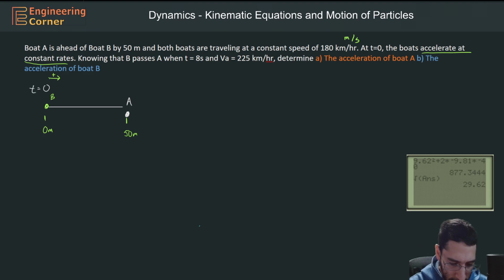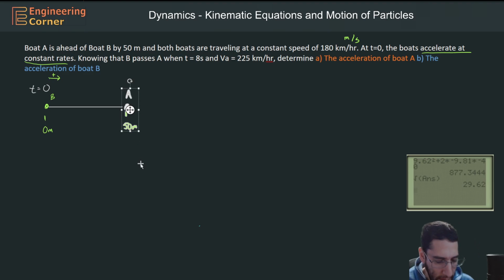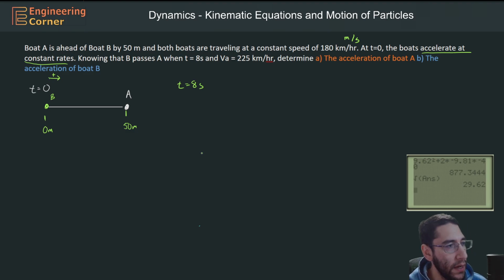And let me line this up just a little bit better. Okay. So then we know at time is equal to 8 seconds, we know that the positions are the same, right?